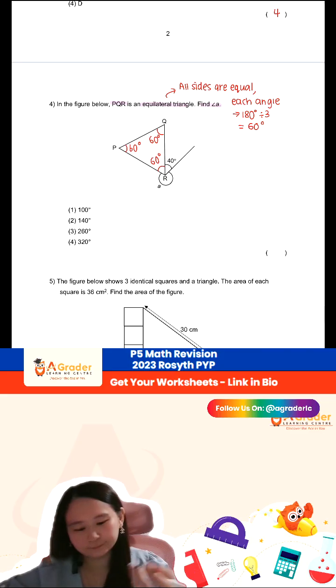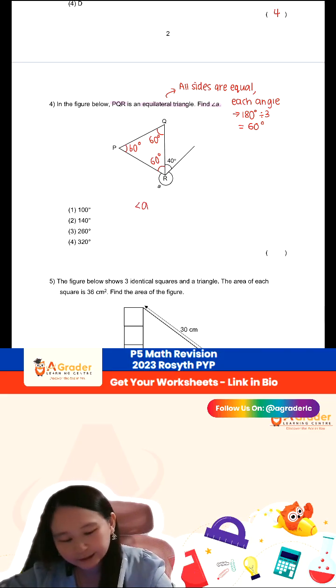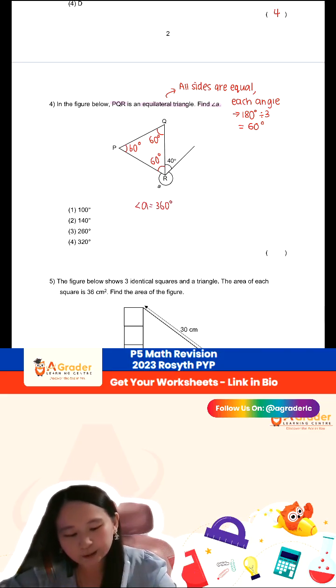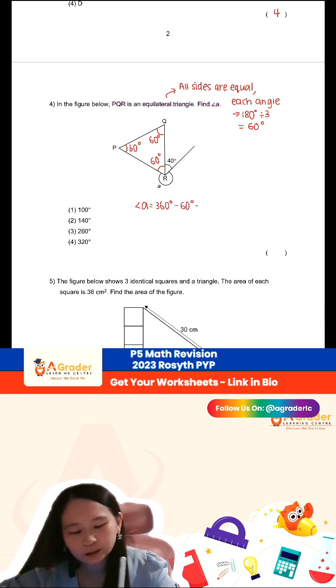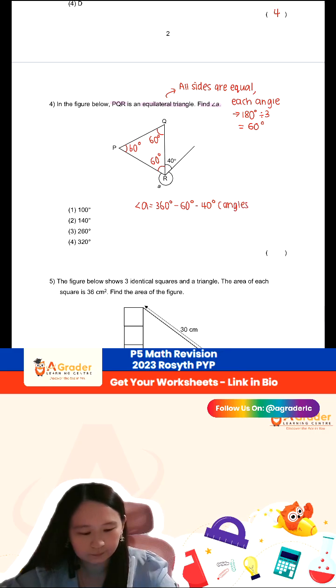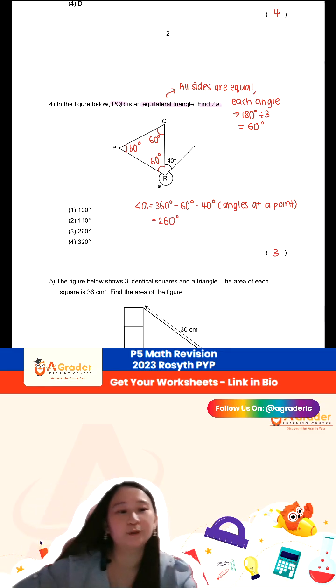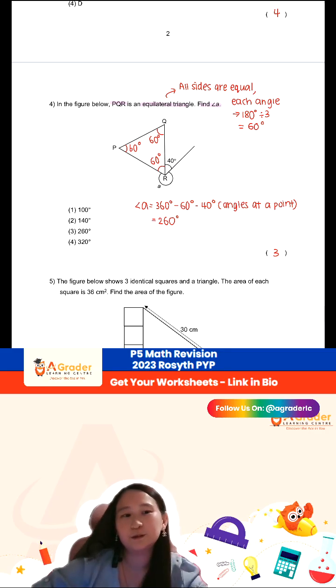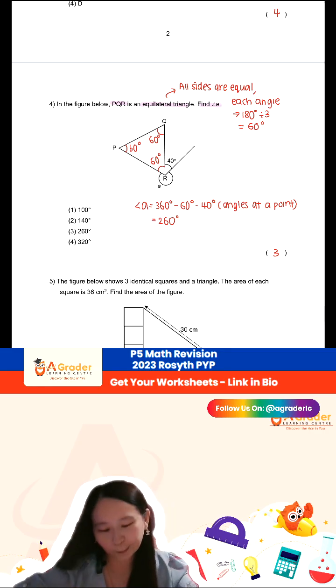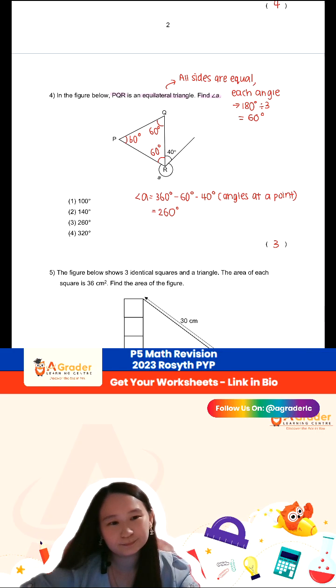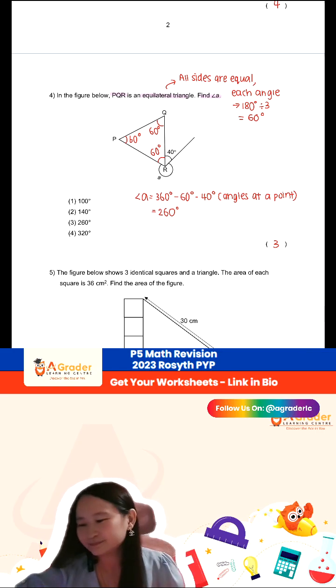So we can find angle A using angles at a point. We take 360 degrees minus 60 degrees and minus 40 degrees. You should get 260 degrees. Answer should be option number 3. Yep, an equilateral triangle is always 60 degrees.